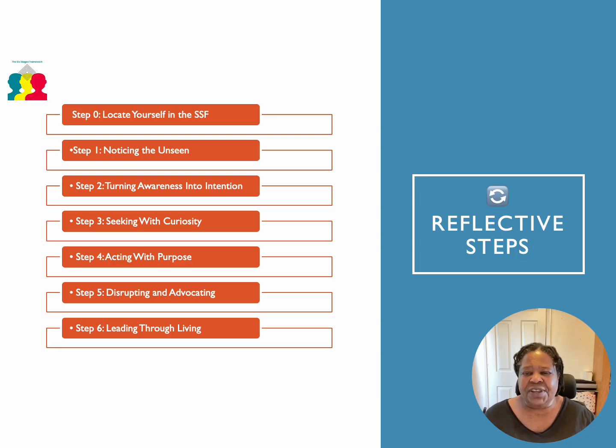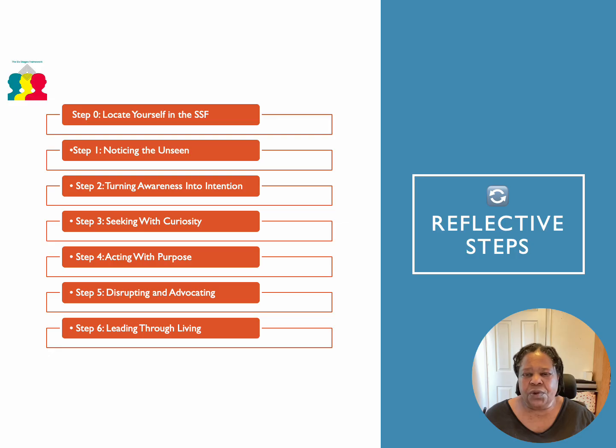So before we dive into today's reflection, let's quickly revisit the structure of the reflective steps. These are the 7 steps we're using throughout this series, and they're designed to support your daily practice of diversity, equity, inclusion, and belonging. We start with step 0, locating yourself on the 6 Stages Framework. That's your personal baseline, where you are.